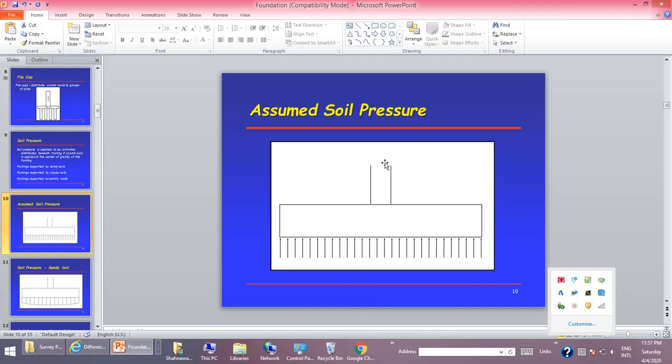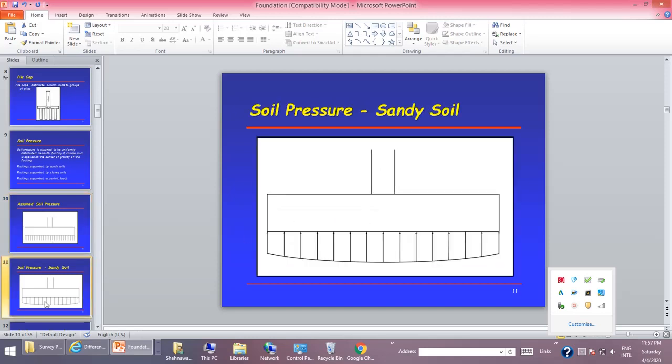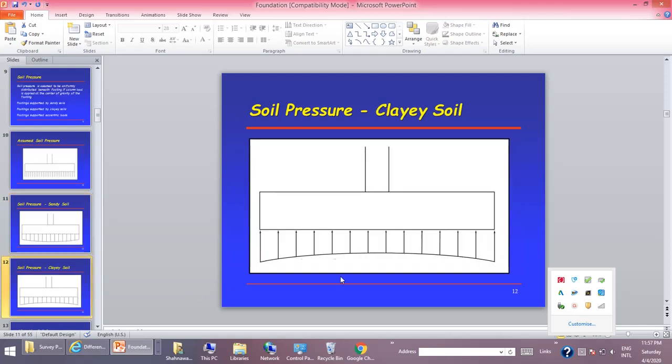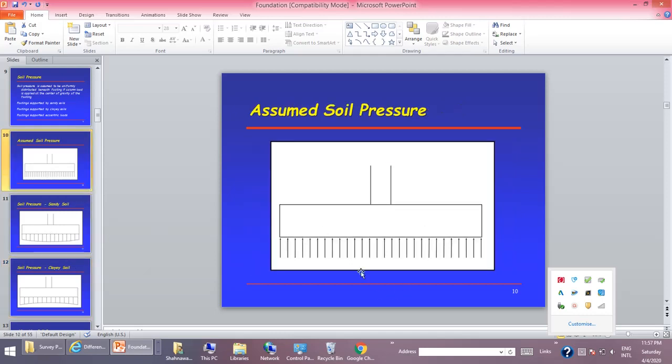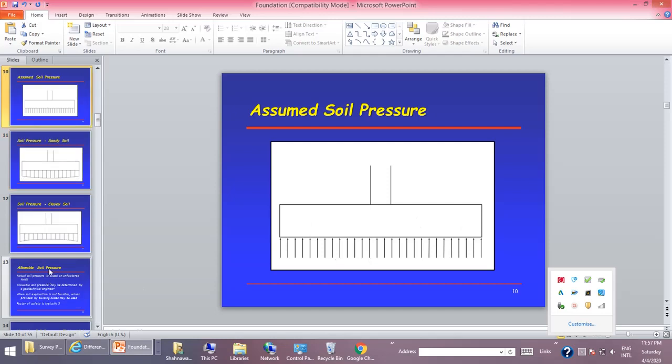If the pressure from the column and this are equal, then your footing will be safe. This is the diagram for sandy soil, which has more pressure at the center of the column and less pressure at the edges. In clay soil the pressure is opposite to sandy soil, but for design purposes we use a uniform pressure exerted by the soil on the foundations.